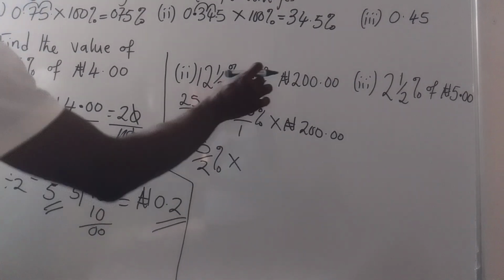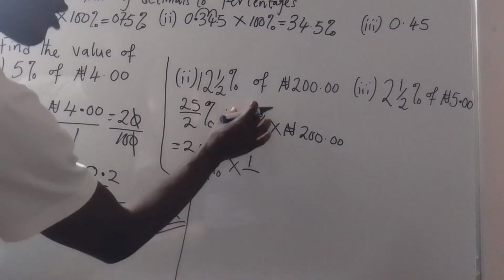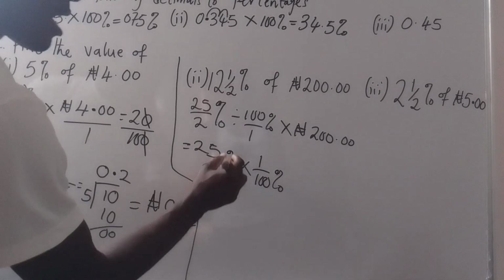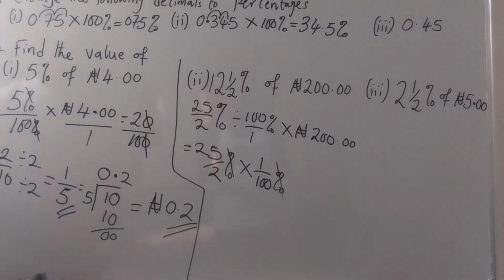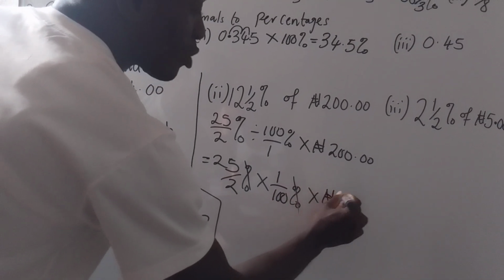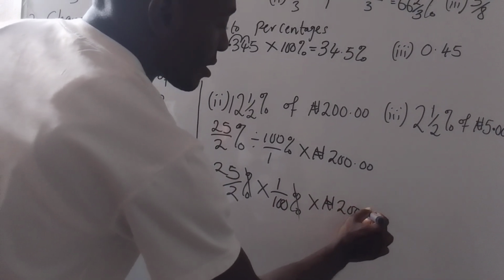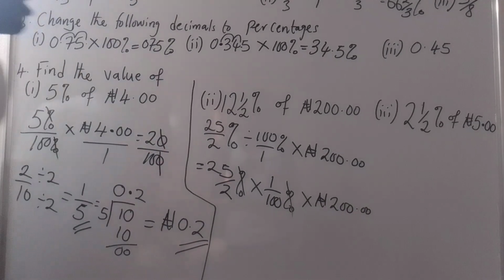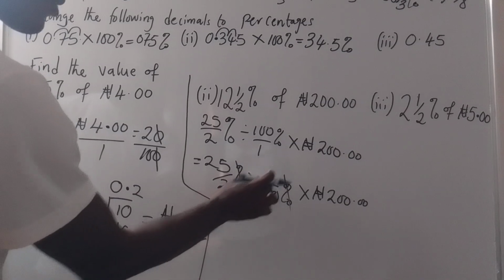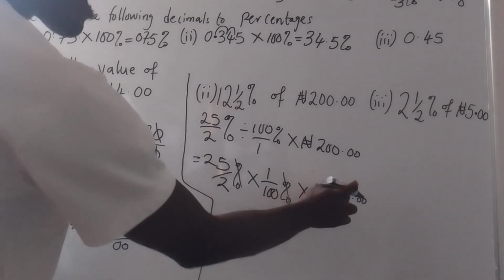But 1 has to go up, then 100 comes down. Percent, I can confidently cancel my percentage. Then multiply by 200 naira.